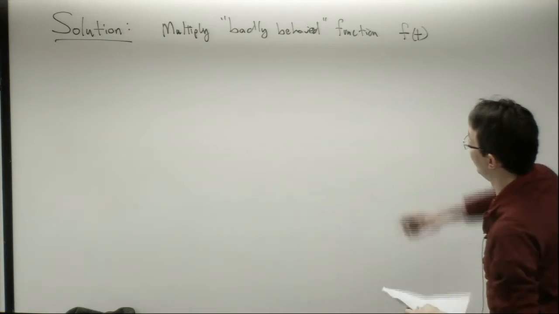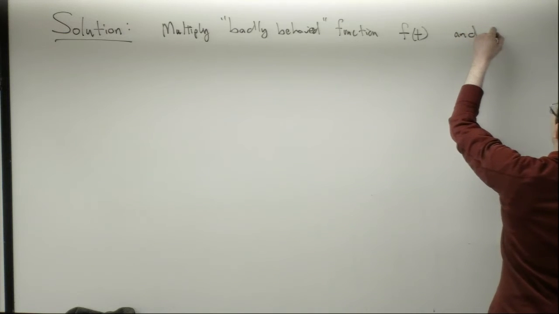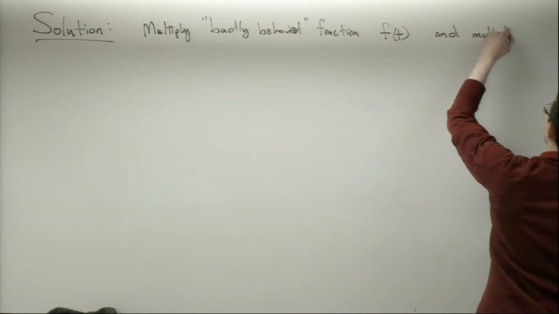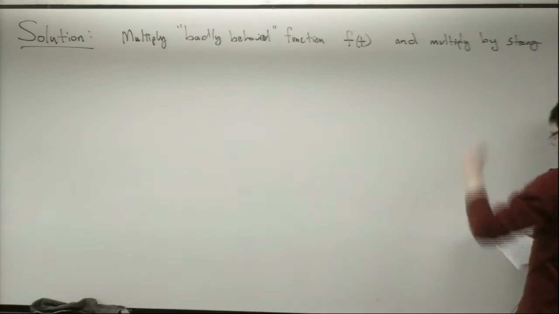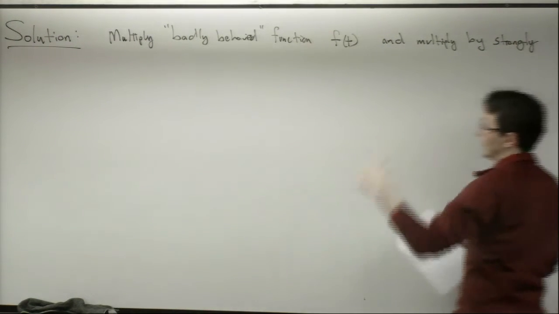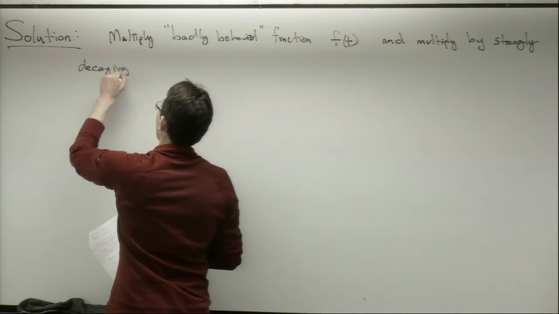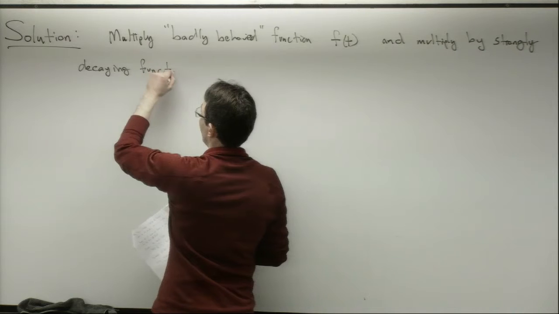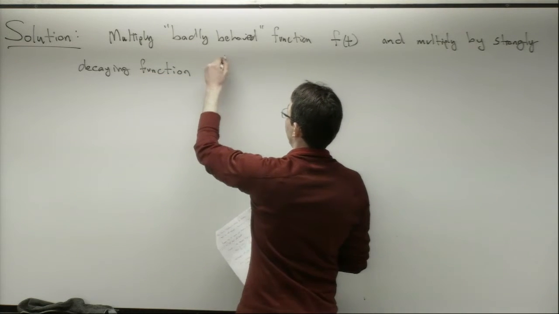So I take my badly behaved function of time and multiply by a strongly damped or strongly decaying function. And that strongly decaying function is going to look like e to the minus gamma t.